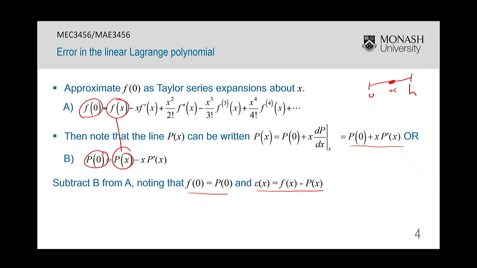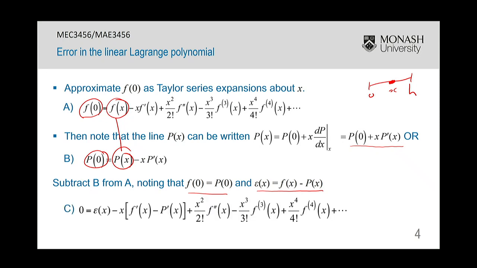So if we go through and do that, we end up with equation C, which says that 0 is equal to our error, epsilon of x, minus x times f dashed of x minus p dashed of x plus some higher order terms. We're going to ignore most of those higher order terms. We're only going to keep this one in the subsequent analysis. So equation C we're going to come back to in a few slides.